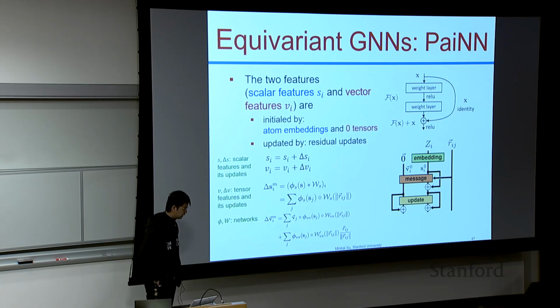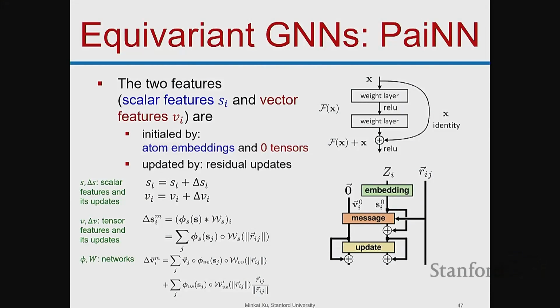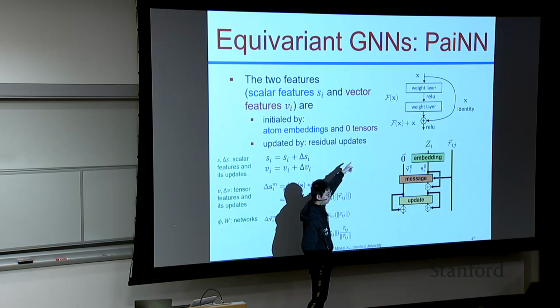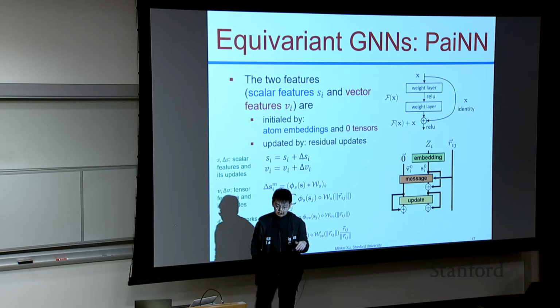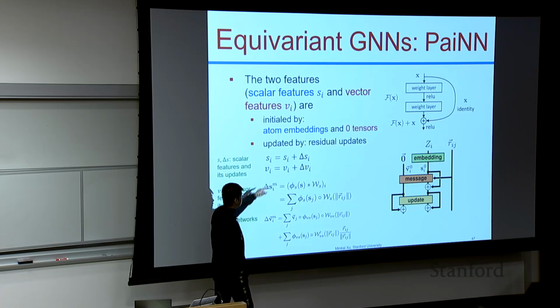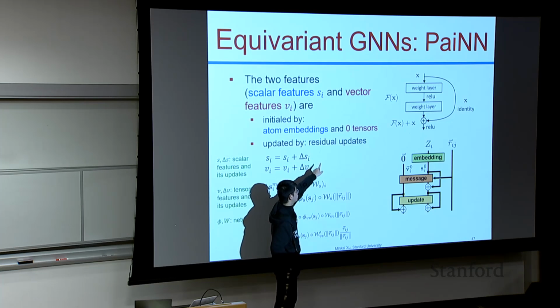So just a quick introduction of what we do for the scalar feature and vector feature. The scalar feature is initialized as an atom embedding or node embedding, which is very typical: input one-hot and learn some embedding. And the vector feature, we begin with 0, so we set them all as 0. They are updated with residual updates.